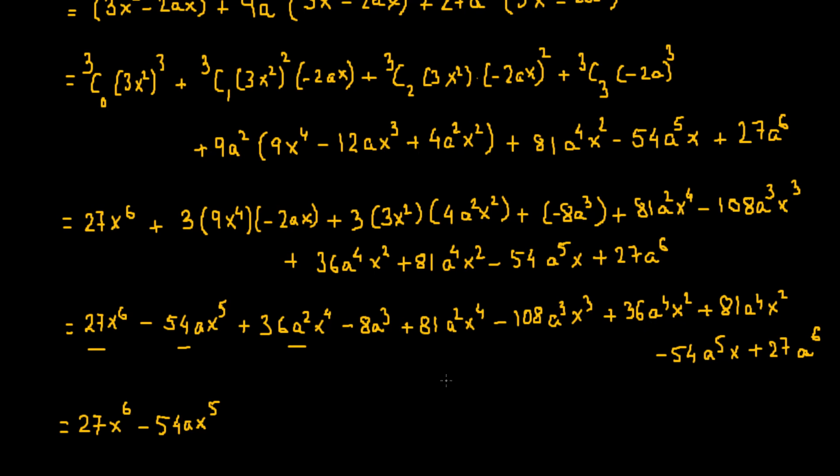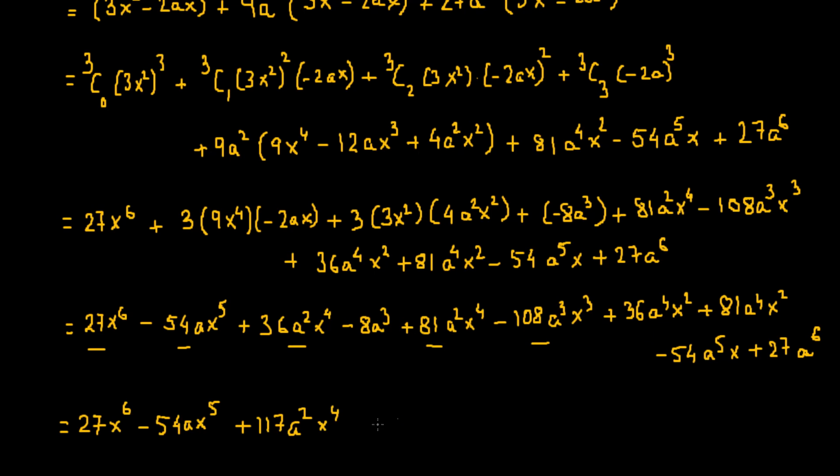So we have that a squared x4. So we have 117. Okay, so we have 117 a squared x to the power of 4. Then we need a cube x cubed. So we have negative 108 a cube x cubed. Any more left?